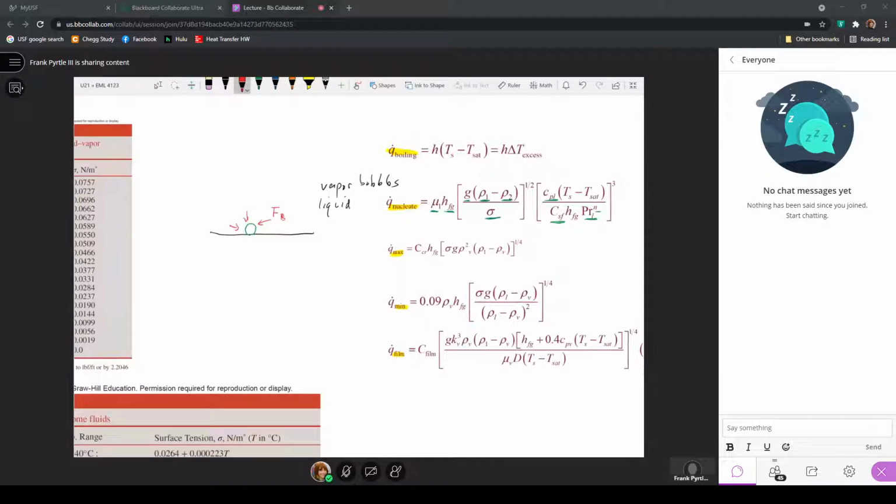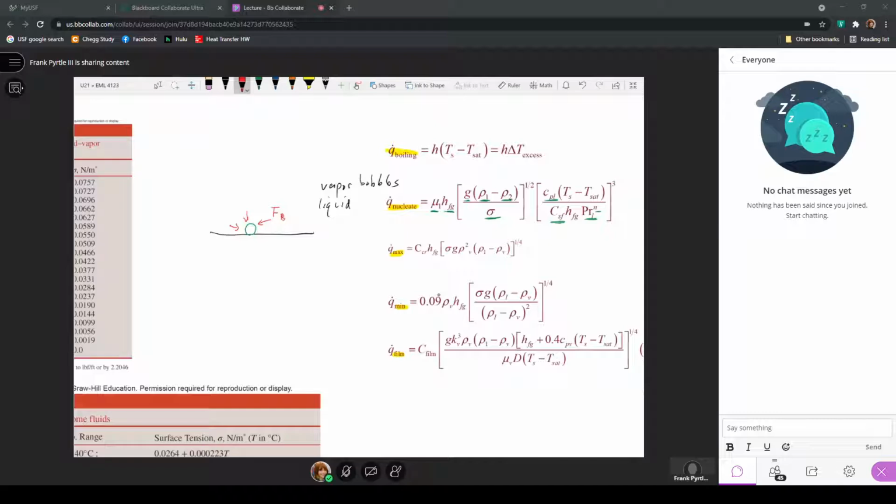But we also have the surface tension, between the liquid and the solid surface that this bubble is forming on. So we have to balance the forces. Until the buoyancy force is greater than the surface tension forces, the bubble will stay attached to the surface. But once it grows large enough, displacing enough of the liquid around it, the buoyancy forces become higher than the surface tension forces, and the bubble can move away from the surface.